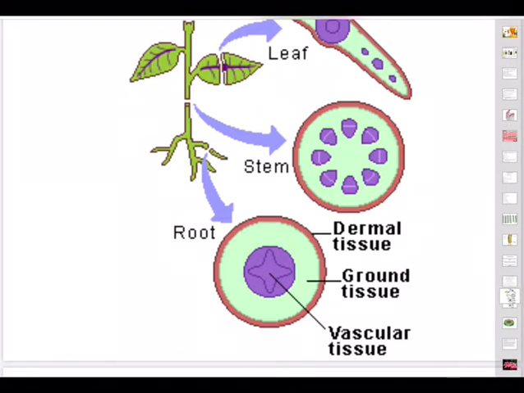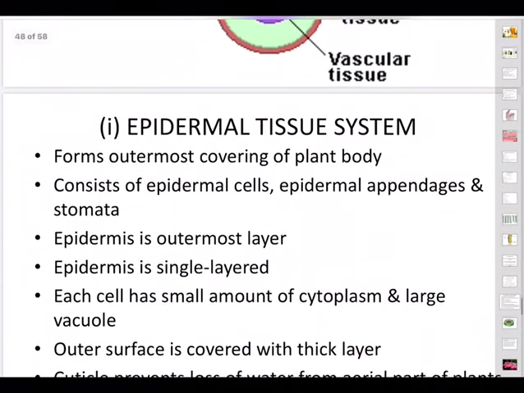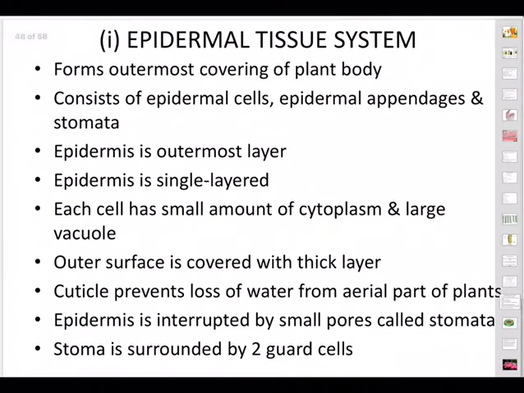They are called epidermal outgrowths. And the epidermis, as I said just now, is the superficial layer covering the entire surface of the primary plant body. You can see here the epidermis is covering the leaf, the stem, the root. So it is mainly for protection.